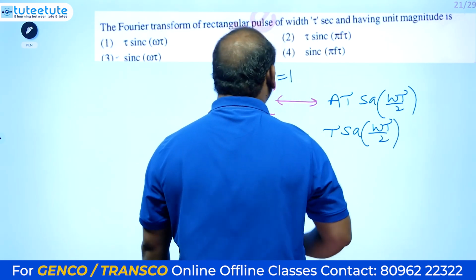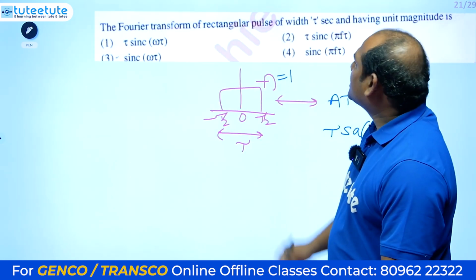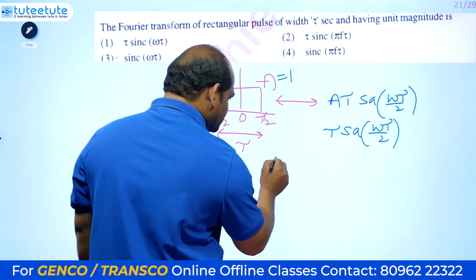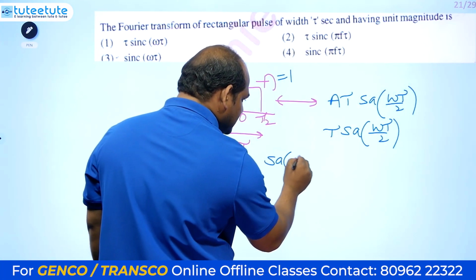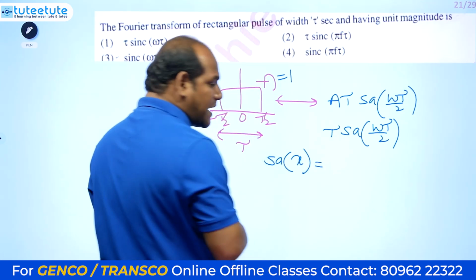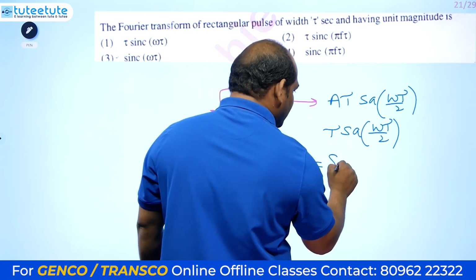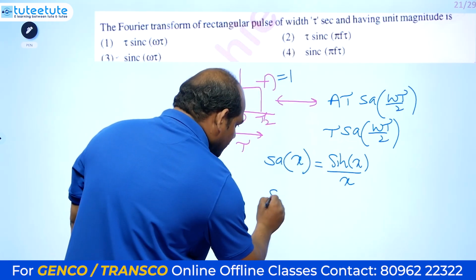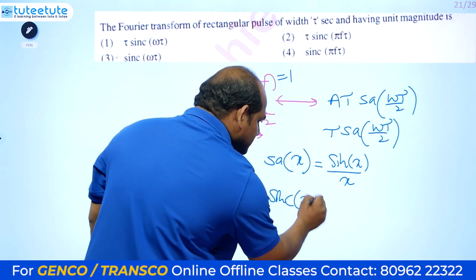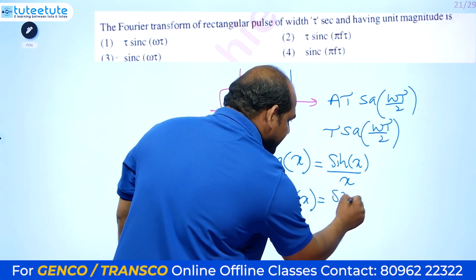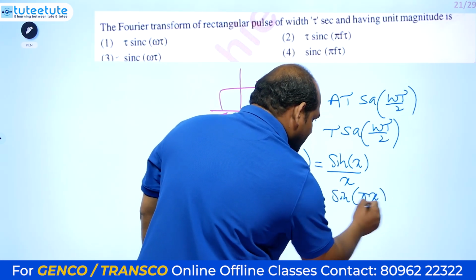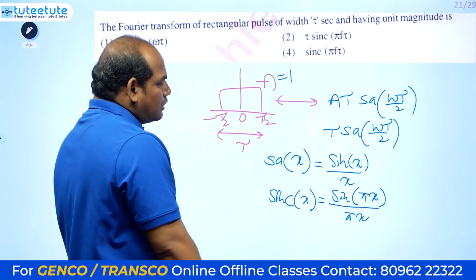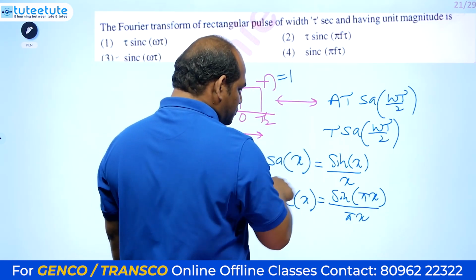This is the answer, but if you see the options, they did not use the sampling function, they used the sinc function. So we need to know what is sampling and what is sinc. Sampling of x is sin x by x. Sinc of x is sin of pi x by pi x. What is the relation between these two?